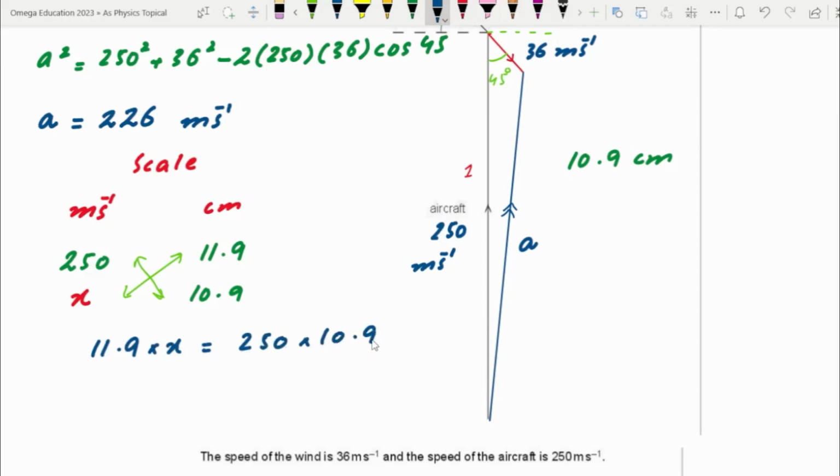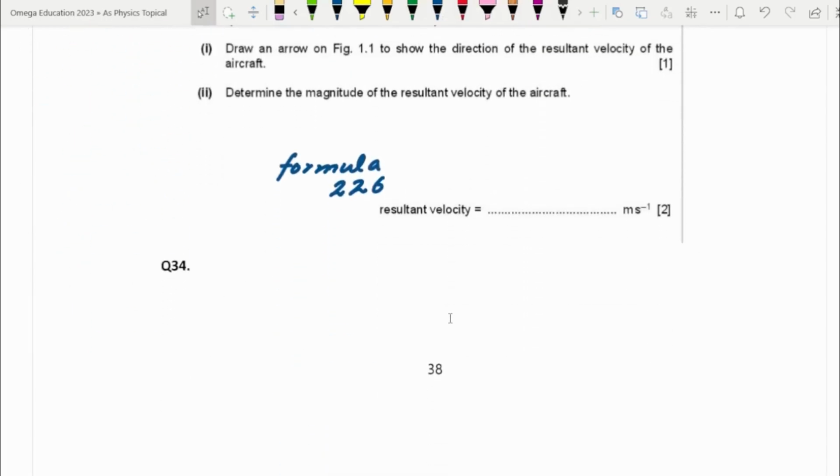So 10.9 times 250, and we divide the answer by 11.9. We get 228.9, 229 meter per second. So let me write down this answer as well. From the scale drawing method, we get the answer 229, both with the unit of meter per second.